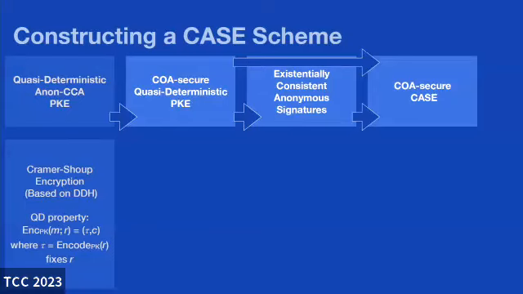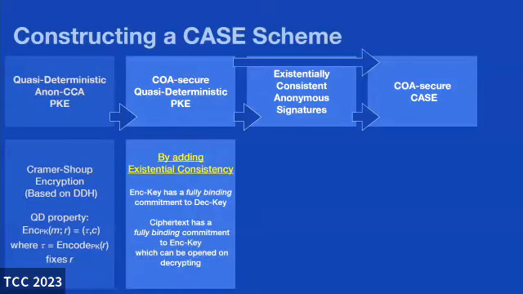And we use both of these things together to finally build our case construction. Just to very quickly mention, to get from PKE to CCA secure PKE, we need to add existential consistency. That's done carefully by adding commitments. Nothing too complicated, just need to be careful to avoid circular security kinds of issues. And you can get this.